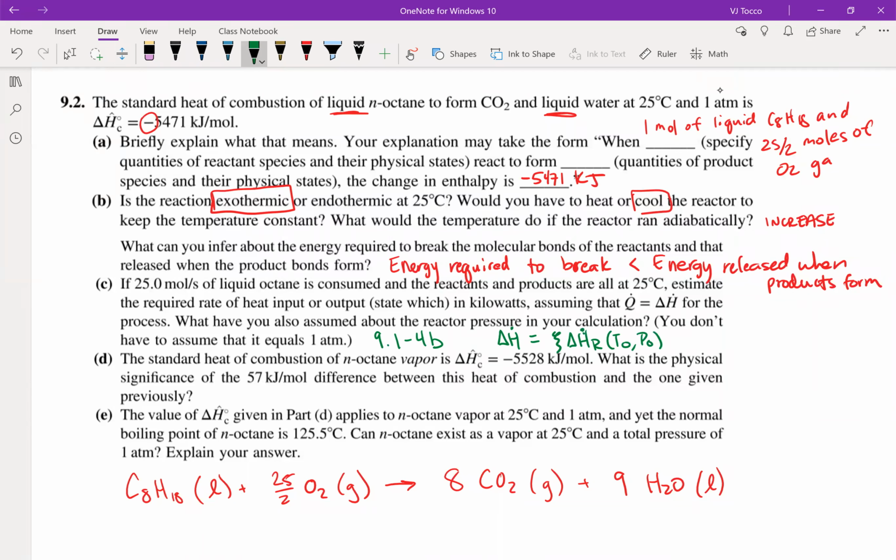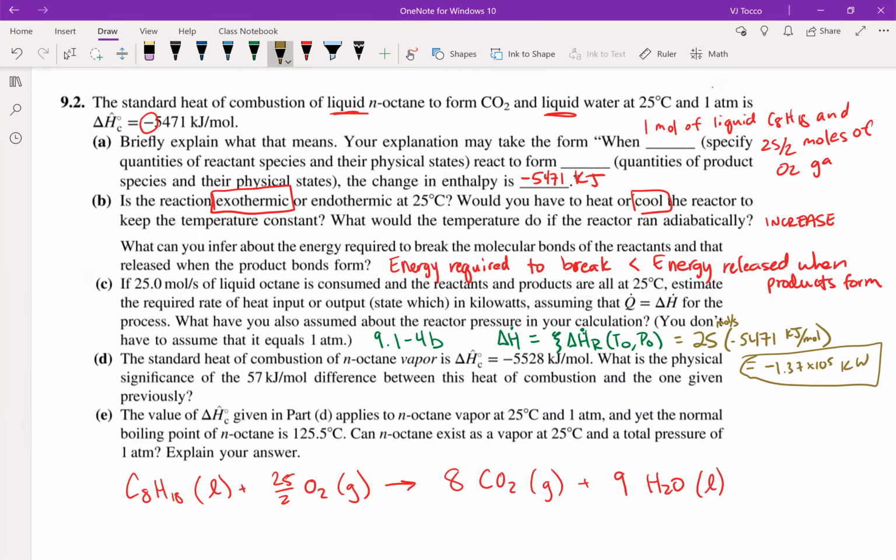So if 25 moles per second of liquid octane is consumed, then I can say that the extent of that reaction is 25. So in this example, I'd have 25 times the standard heat of combustion or heat of reaction, minus 5,471 kilojoules per mole. So that calculation is minus 1.37 times 10 to the fifth kilowatts.